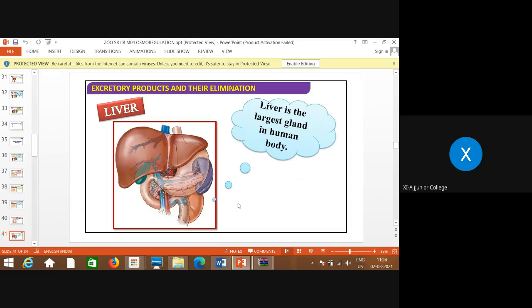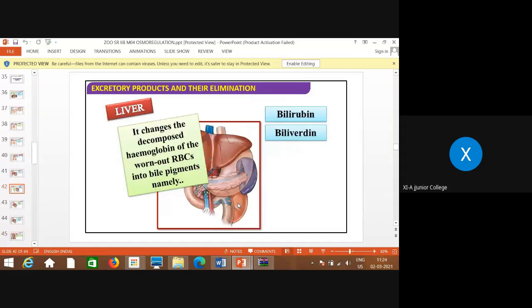The liver. The liver is the largest gland in the human body, and it changes the decomposed hemoglobin of the burnt out RBCs into bile pigments, namely bilirubin and biliverdin. So how does this help in excretion? The decomposed hemoglobin of burnt out RBCs is changed into bile pigments, called bilirubin and biliverdin.